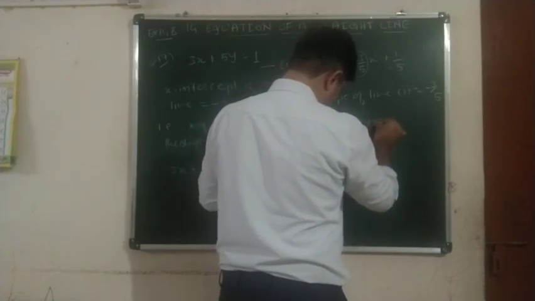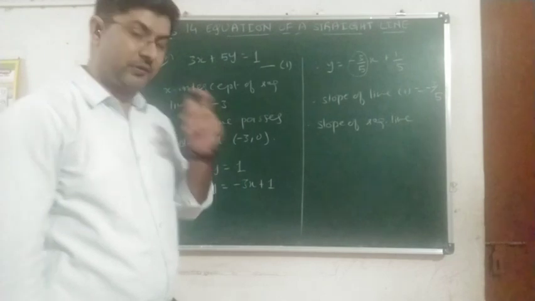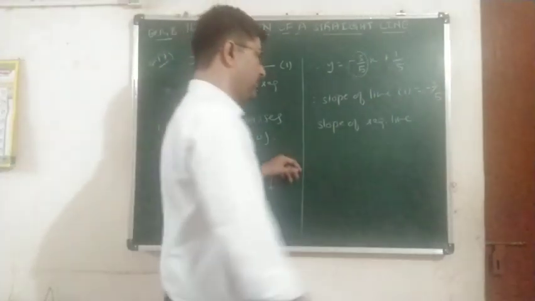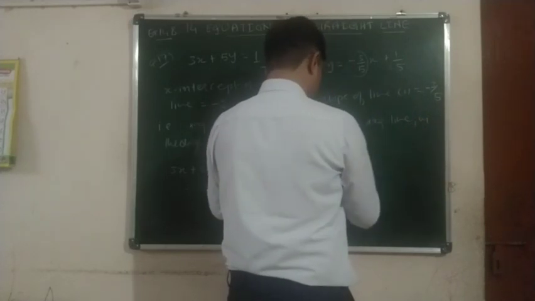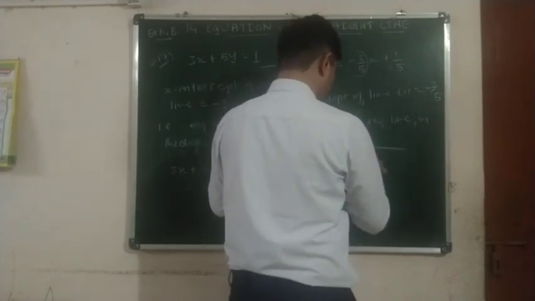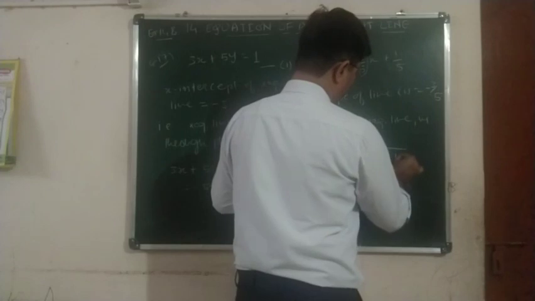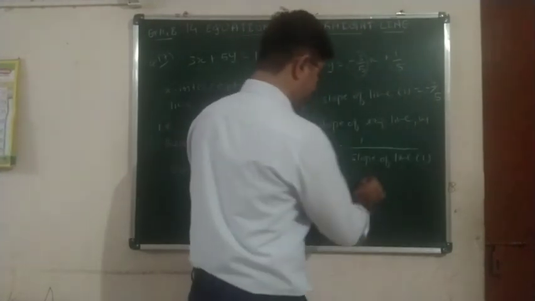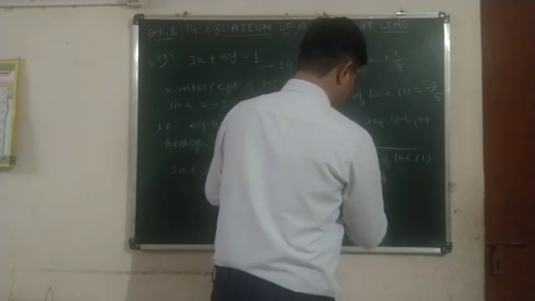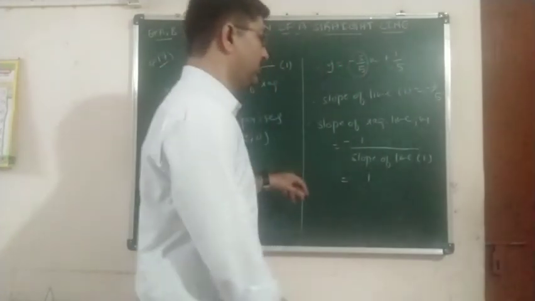Yes or no? Therefore the slope of line 1 is -3 upon 5. Since the two lines are perpendicular, the slope of the required line, denoted by m, will be the negative reciprocal of the slope of line 1, that is -1 upon slope of line 1.